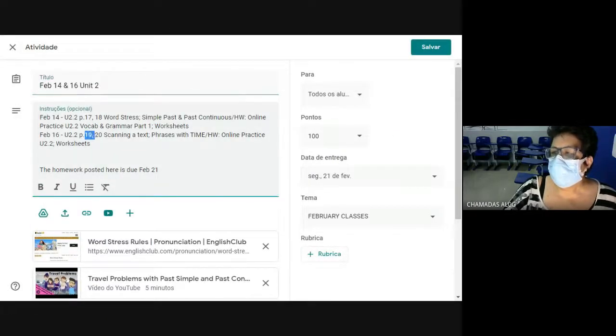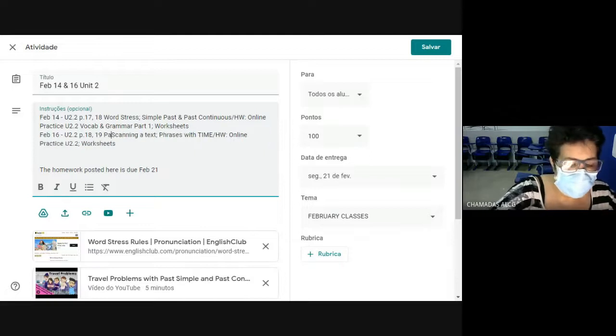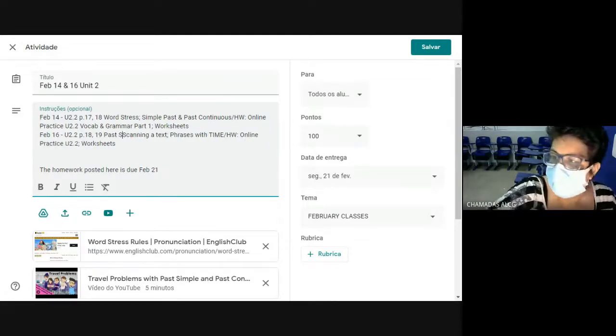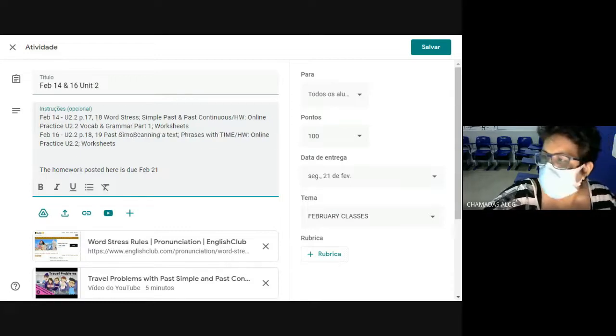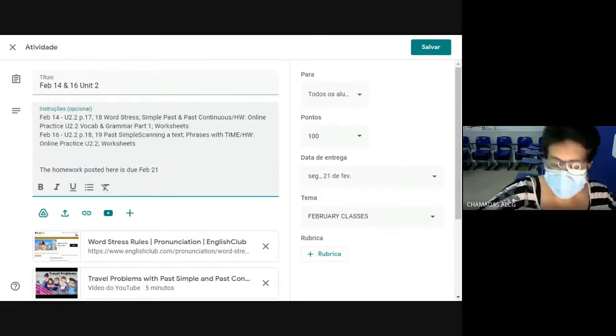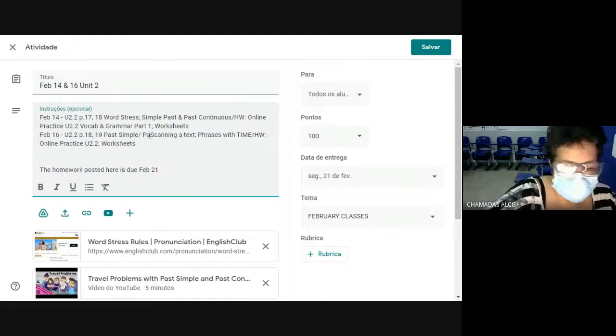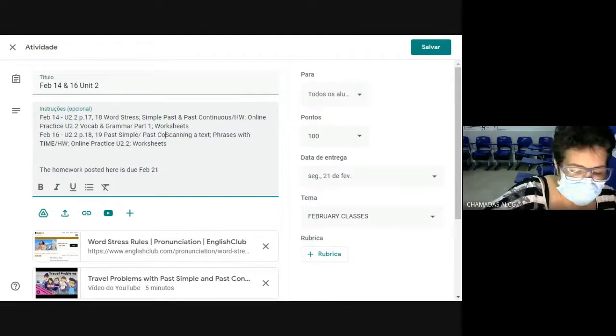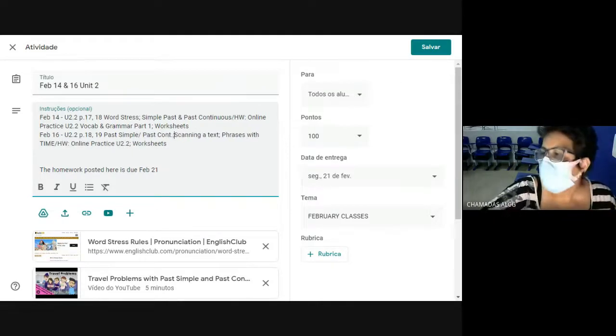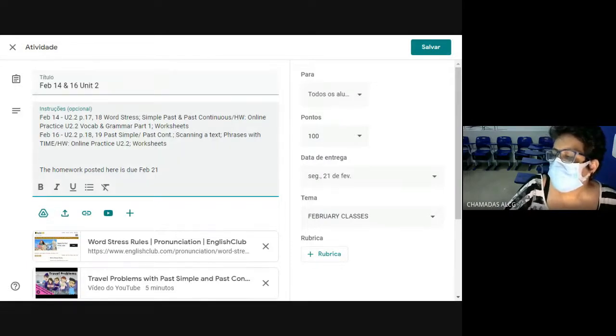I'm going to put here 18, 19, and then here I'm going to put past simple. Okay. And past continuous. Then we saw scanning a text.